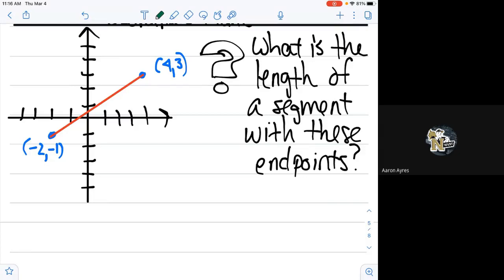All right, so what do we need to do to find the length of that red segment? Okay? Discuss it with your group mates. Come up with a strategy.